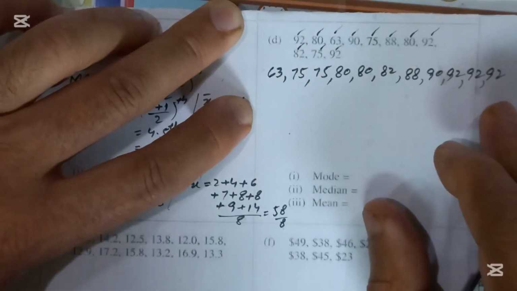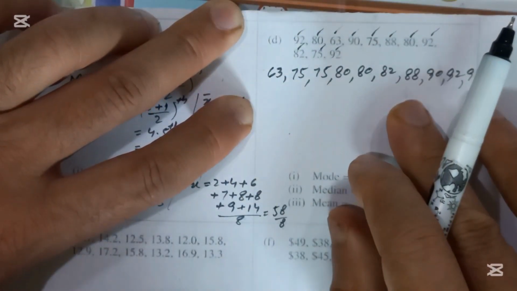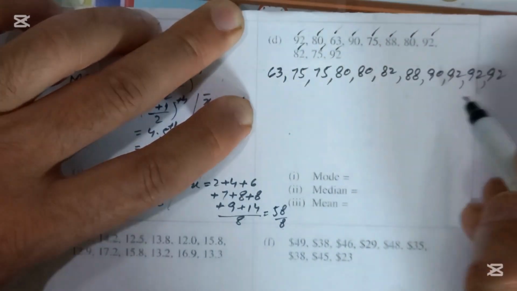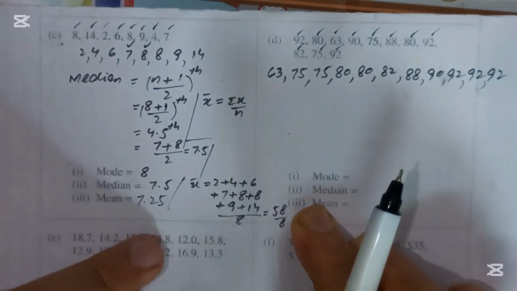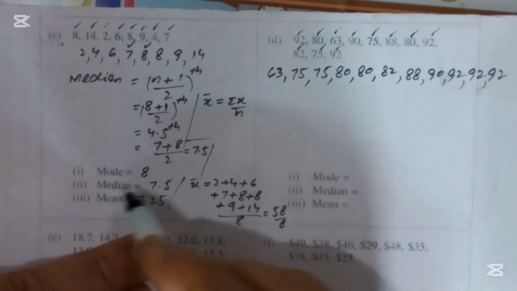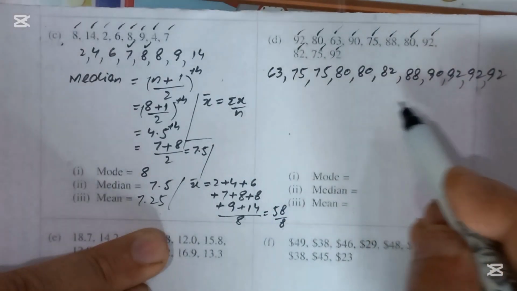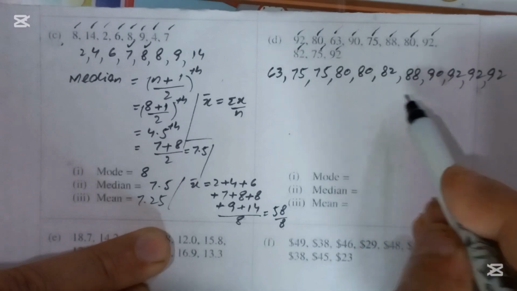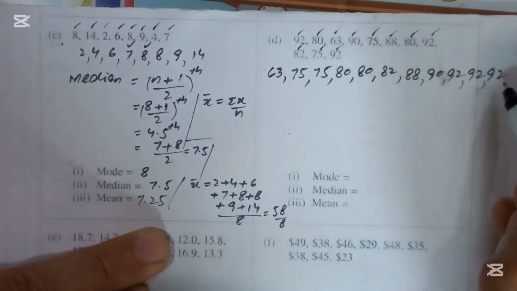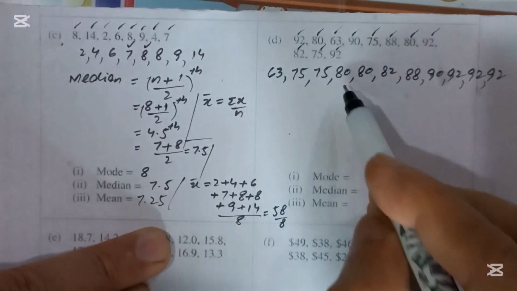So this is odd-terms data, but the data is raw type. The method will be the same. Likewise, we solve the mode by checking the most frequent value in the data. Again, look at the data. In this data, 92 is coming 3 times, which is more than the other values.